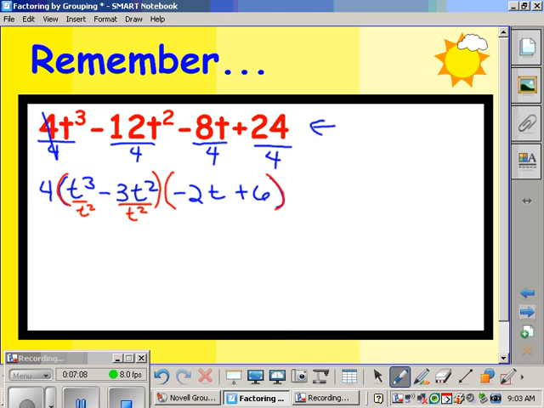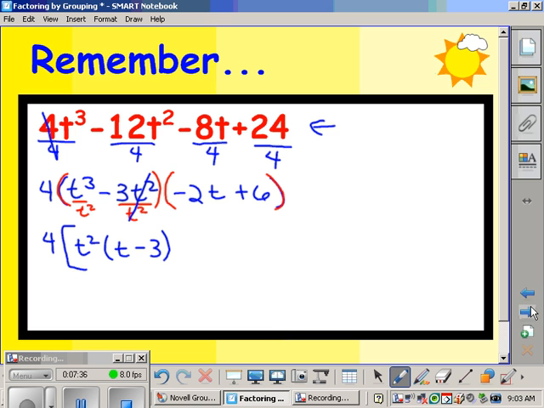Now when you bring that to the outside, be careful how you write it. You've got to drop down that 4, and you'll probably want to use brackets to separate what you're going to get when you factor by grouping the remaining terms separate from the 4. So you'll have the t squared, and then when you subtract the exponents of the t's, you'll have t for the first term minus, and then these cancel, 3 for the second.